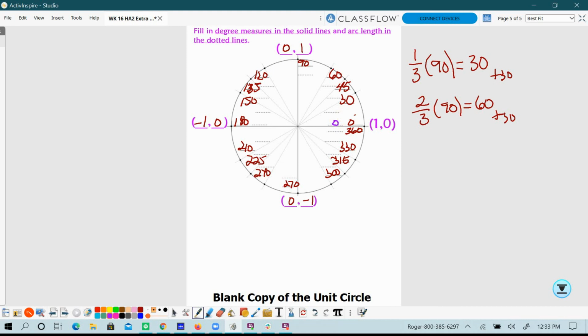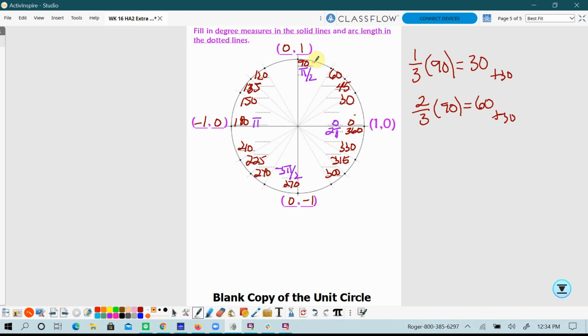Starting from 0 radians, wrapping around the full arc length of this circle, the circumference, is 2 pi. Half of that is pi. A quarter of it is pi over 2, half of pi. And 3/4 of it is 3 pi over 2. Those are the quadrantal angles.